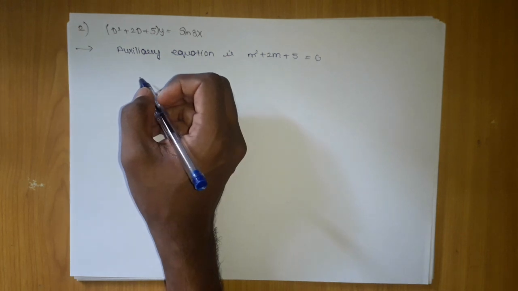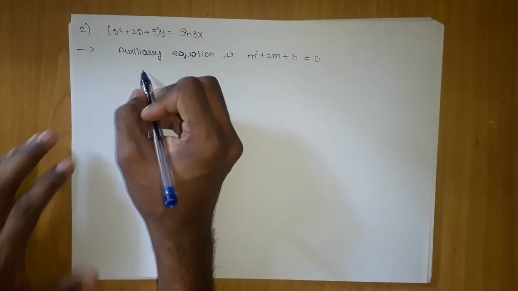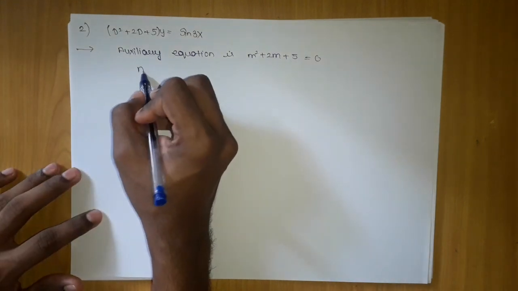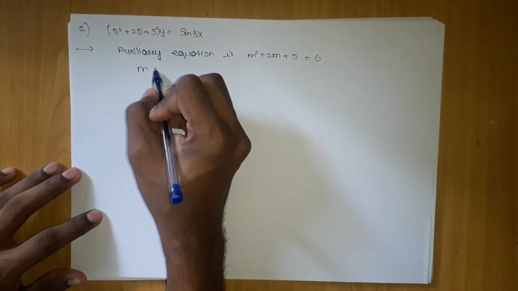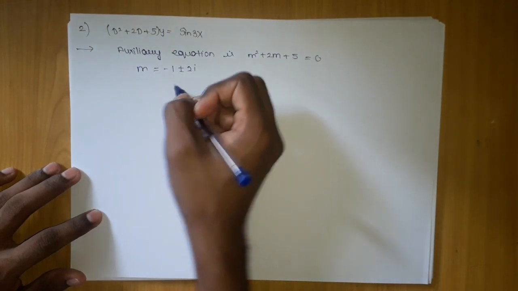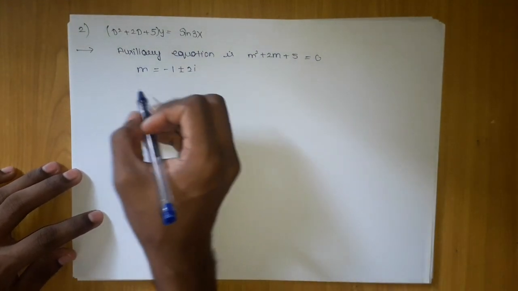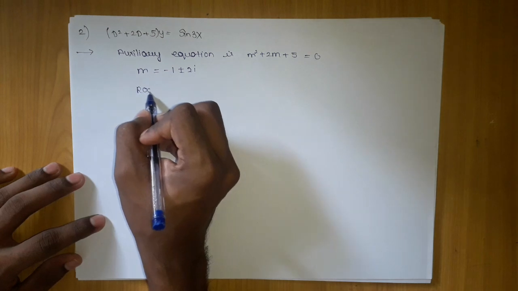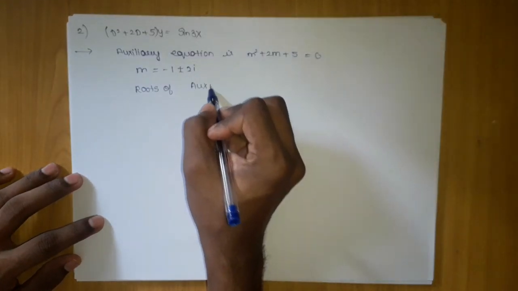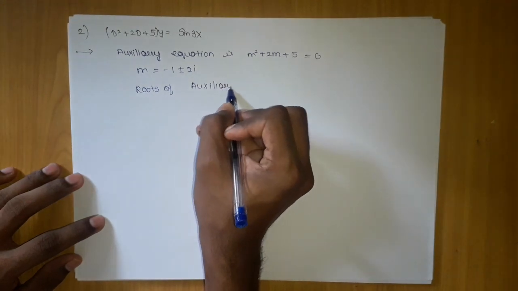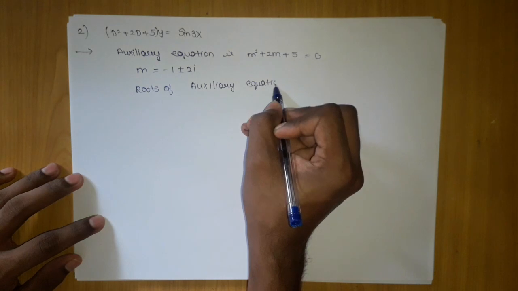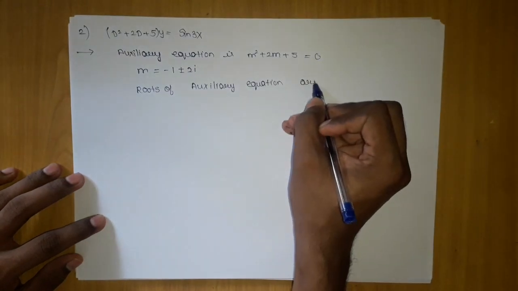If you calculate, you will get m equals minus 1 plus or minus 2 iota. Now we can write the roots of the auxiliary equation are complex conjugate.